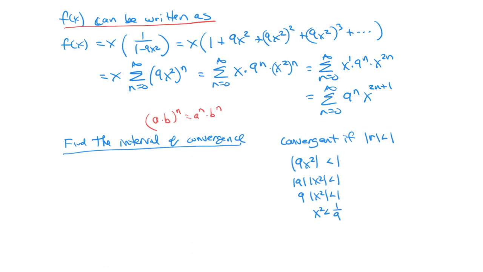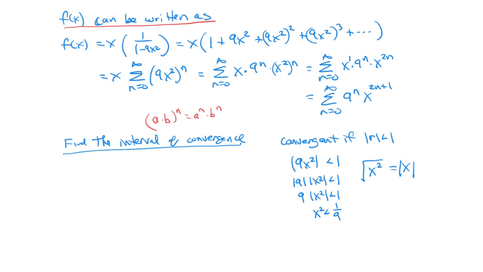And now I'm going to take the square root of this. Remember, in Calc 1, I always ask students this: if I take the square root of x squared, do I get x? Some students will say, yeah, I think so. But then I ask them, what about if x is negative 3? And you see, if x is negative 3, it's not going to work. So actually, the square root of x squared is the absolute value of x.